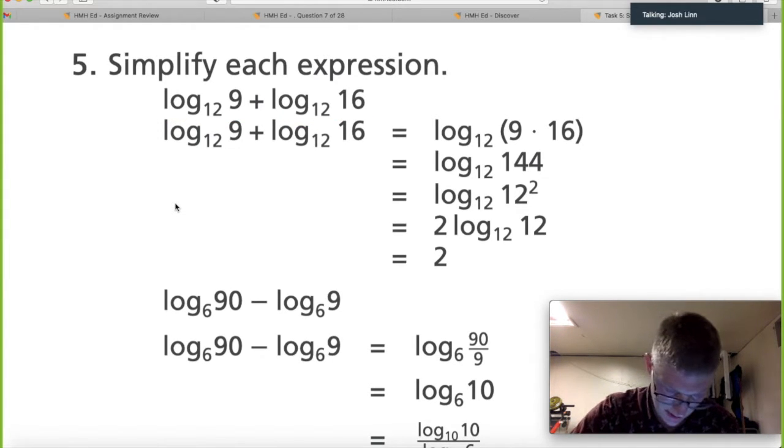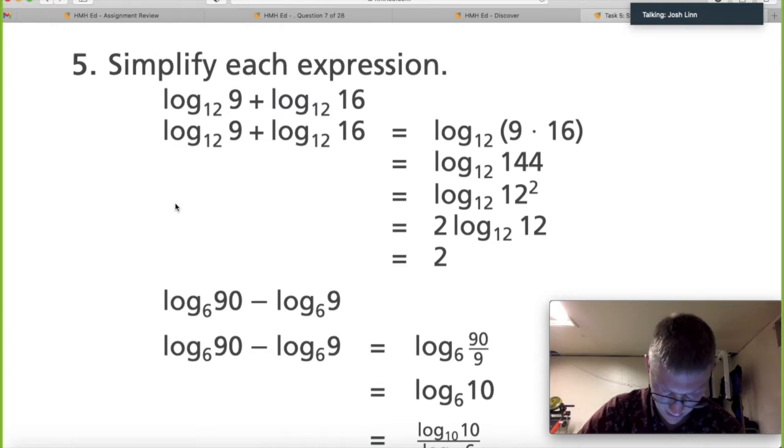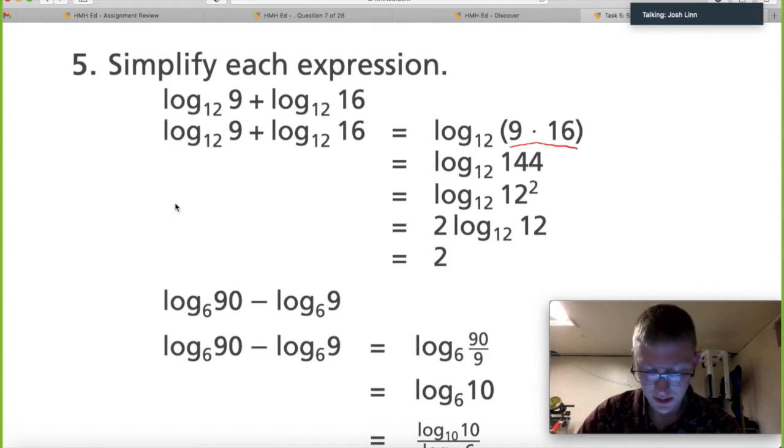Note that their bases are the same. Don't fall into the trap, someday down the line when you have two different bases, of trying to add them together. That's not going to be right. Since they are the same, we can say it would be log base 12 of 9 times 16.